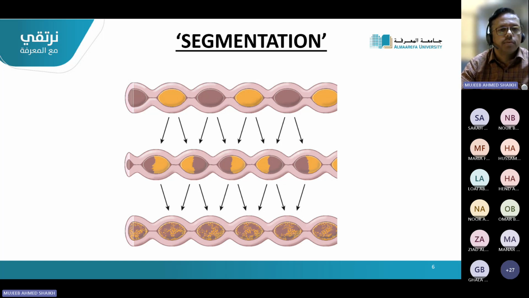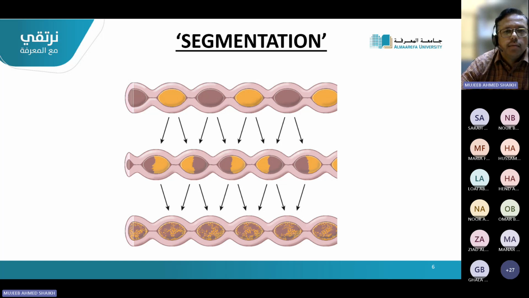Here, just for the purpose of understanding, it is shown as yellow, brown, yellow, brown alternately. In the next contraction phase, half yellow and half brown are mixed. In the third contraction, again there will be mixing of the alternate segments. This is how it helps us to mix the food.